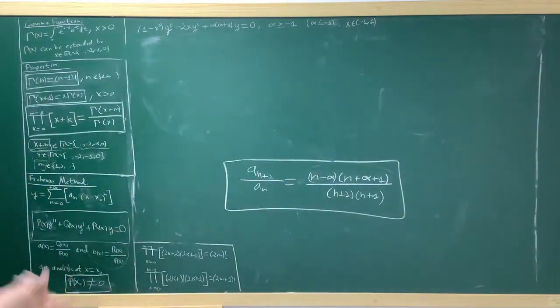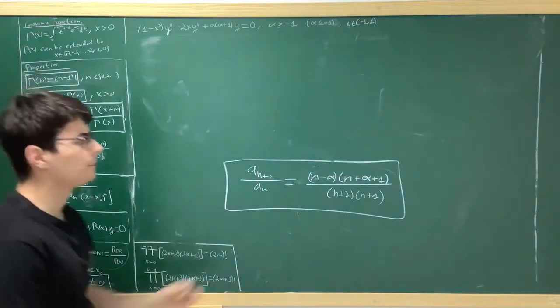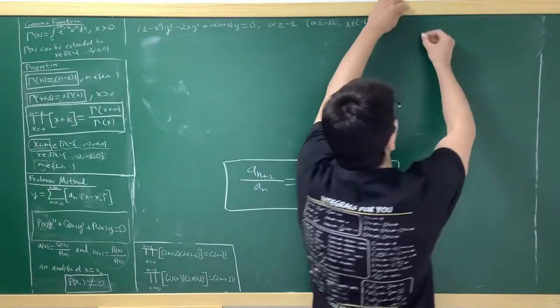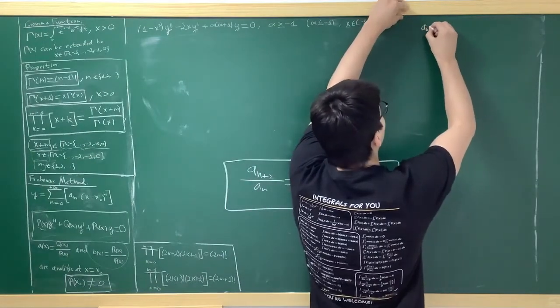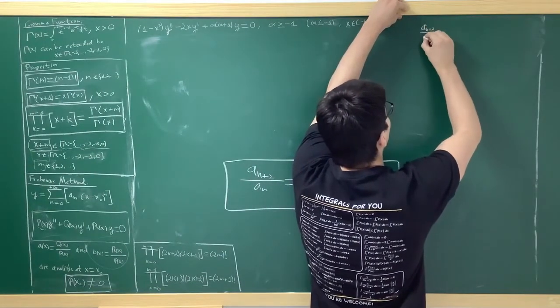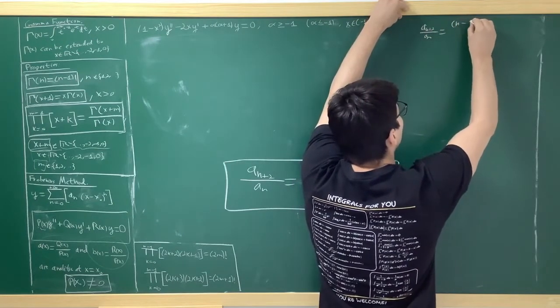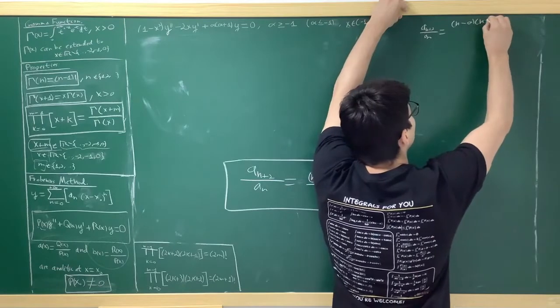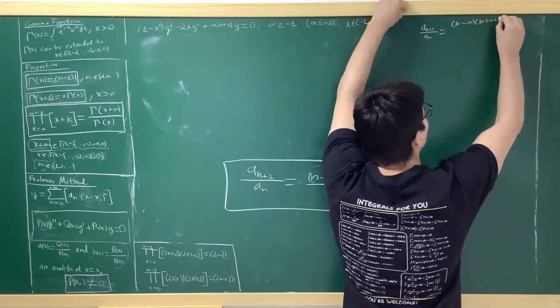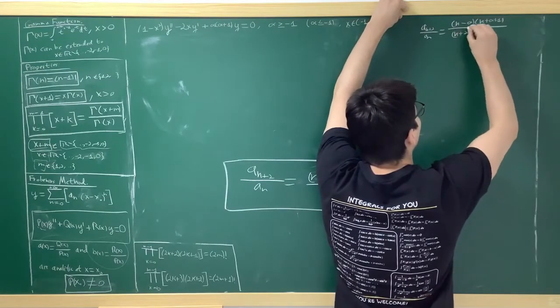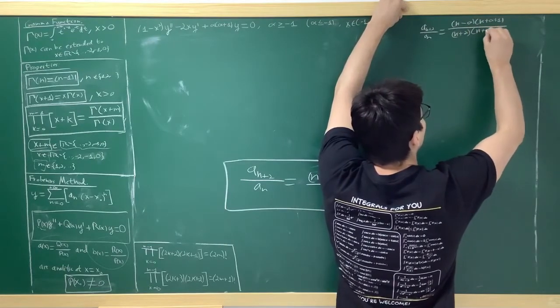And to not take too much space here, I will write this right here. So let me just rewrite it as a_(n+2) over a_n, and this is equal to (n minus alpha)(n plus alpha plus 1) over (n+2)(n+1).